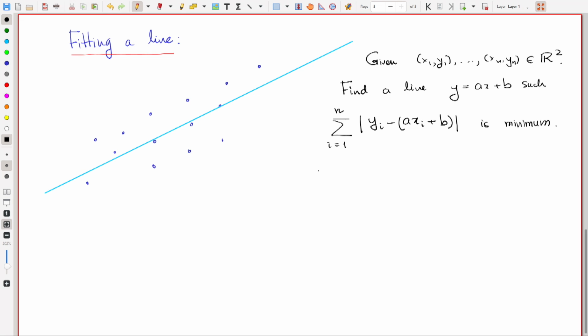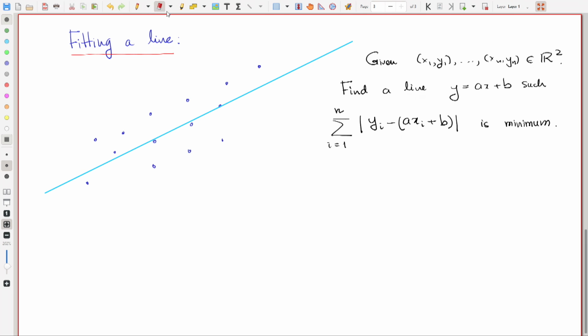So, let us say y I is equal to a x I plus b plus e I. Let me just state the program and then we will analyze it.